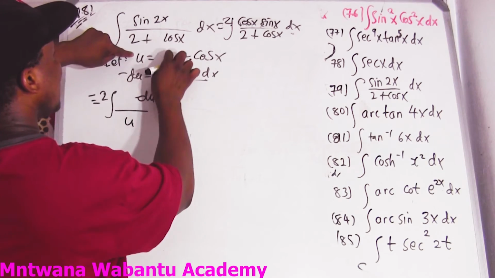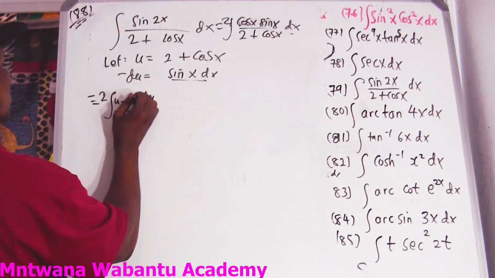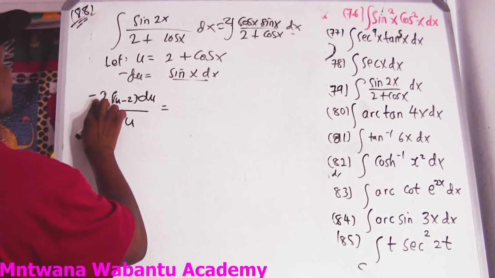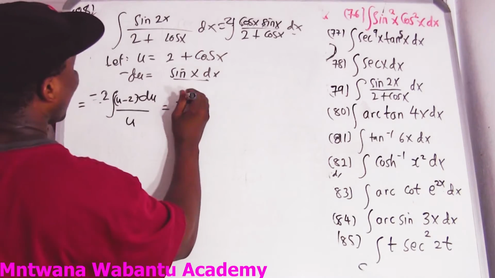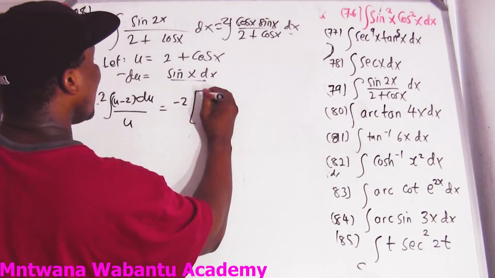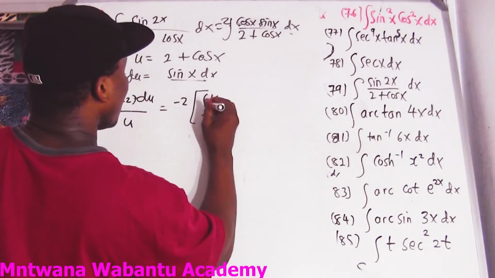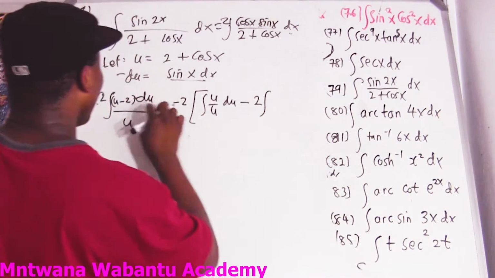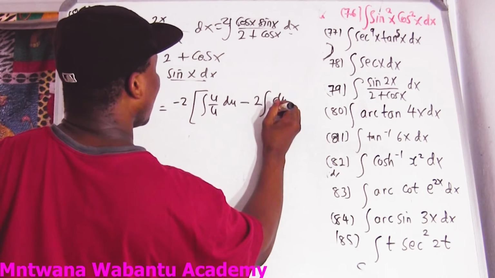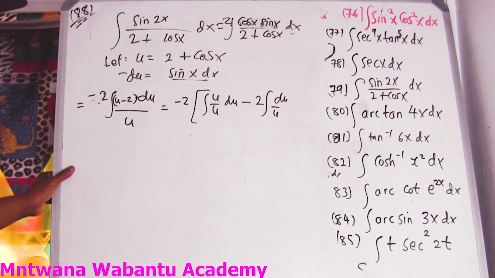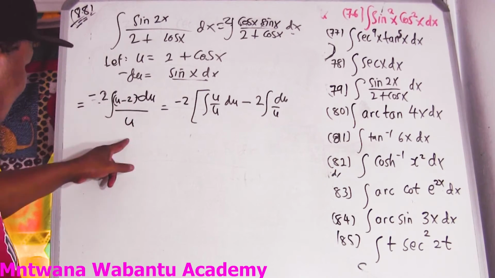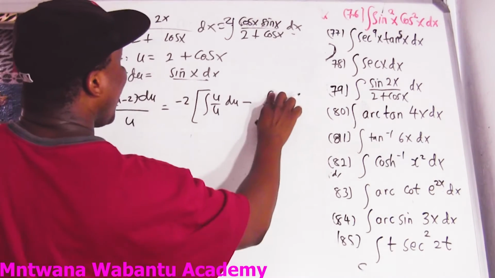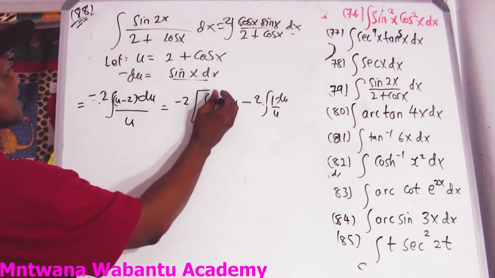There's a negative 2 here, so I say negative 2 times the integral of u minus 2 over u du. You separate it: the integral of u over u, minus 2 over u. Take the 2 out, and u over u is equal to 1.